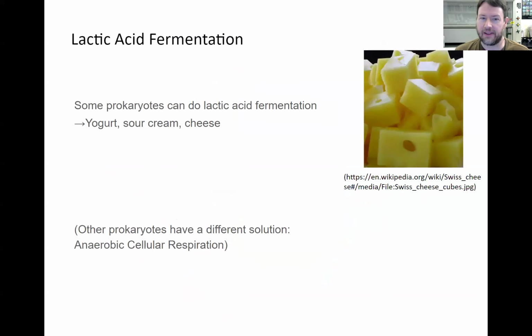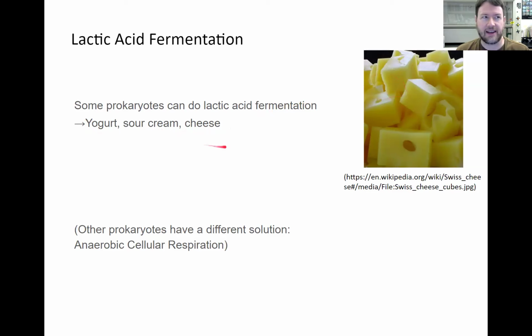What about the other type of fermentation? Oh, actually, before we get there, I should also mention that humans do lactic acid fermentation, and some prokaryotes can too, like the lactobacilli in yogurt or sour cream. There are bacteria used in cheese making, especially Swiss cheese.